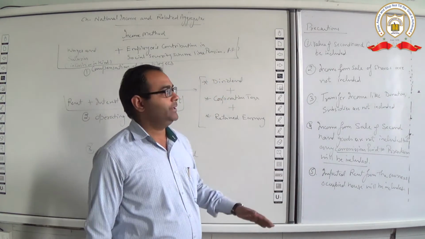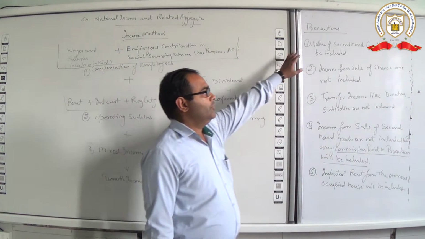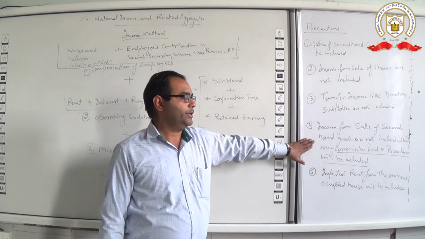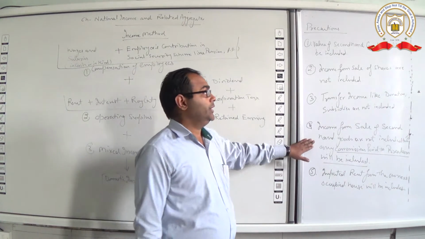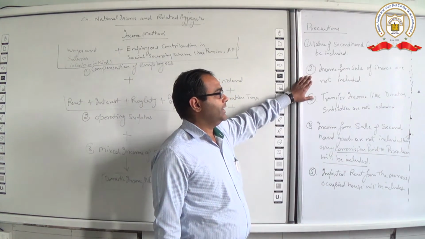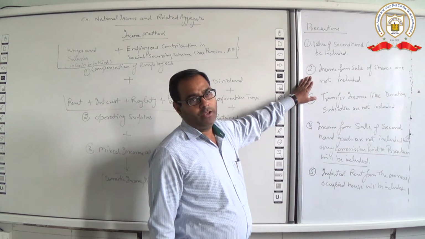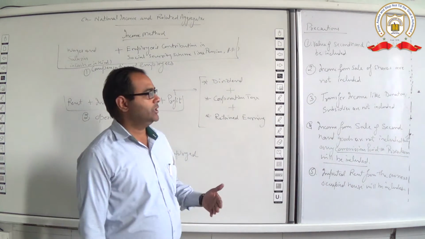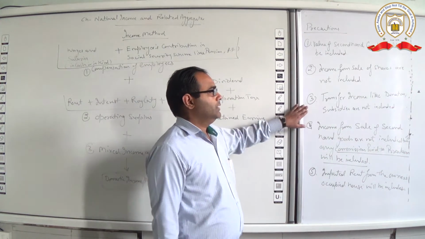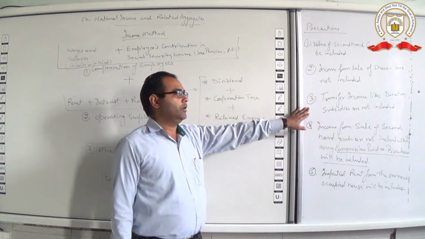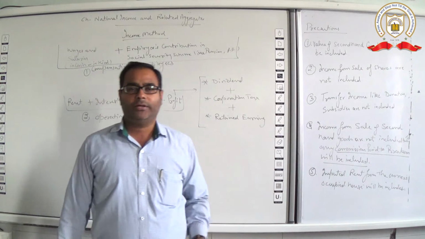I am again repeating what precautions we should consider. Value of second hand goods should not be included, but any commission paid to the broker should be included, because the broker is providing its factor services. Income from sale of shares is not included, because these are financial transactions and no production of goods is incurred. Transfer income like donations and subsidies are not included, because these are not factor income.